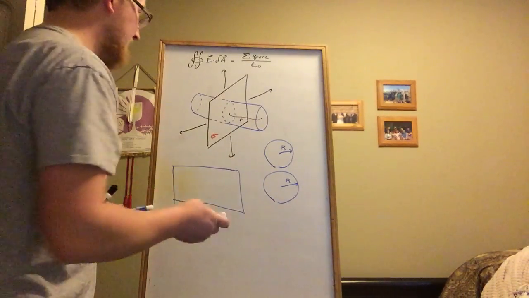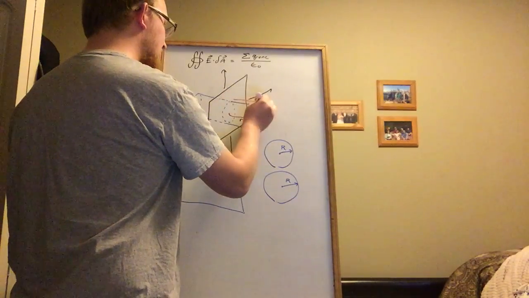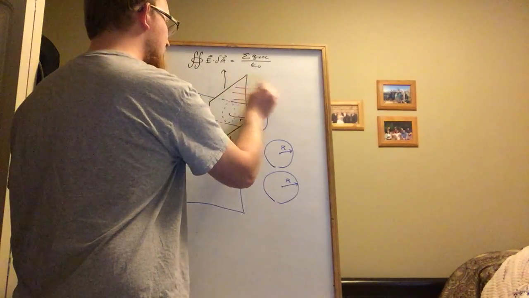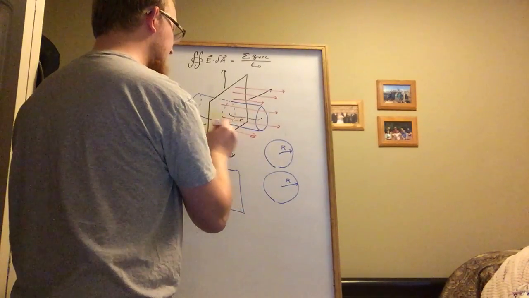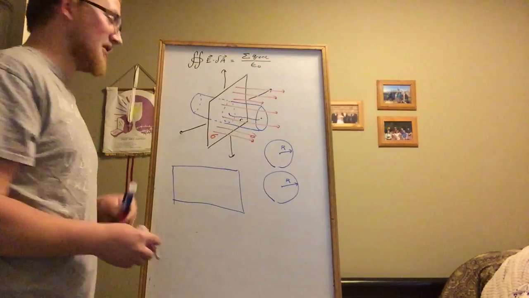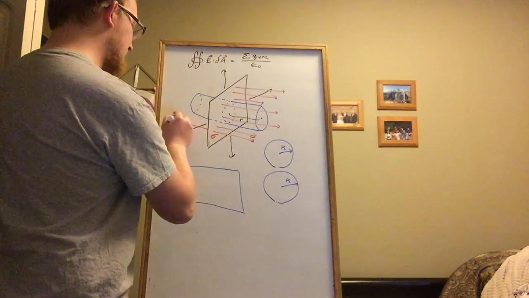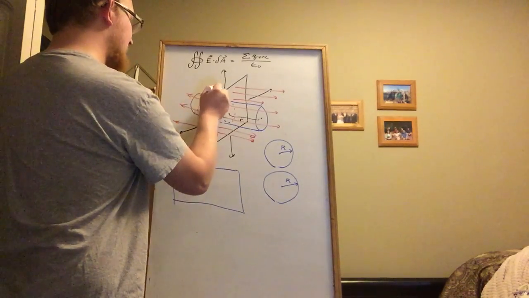And because this surface is charged uniformly, we're going to have an electric field extending outward because I've made the plate positively charged. And when we go to the other side of the plate, it's also going to be pointing outwards because the E field points outwards from positive.